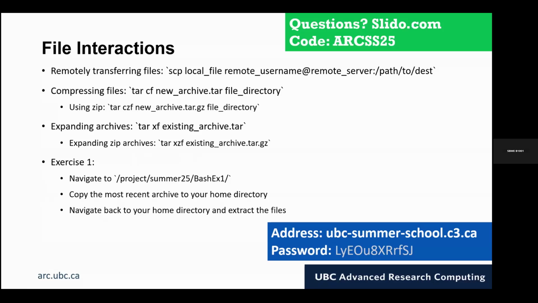In this case, we'll need to use the command scp. scp is secure copy or shell copy, and that basically tells it I want to move this local file to a remote location with the username, server, and then give it my full path of where I want to copy it to. I don't need everyone else to do this for the example. I just want to present it here because it's really important for wanting to actually upload your stuff to a system.